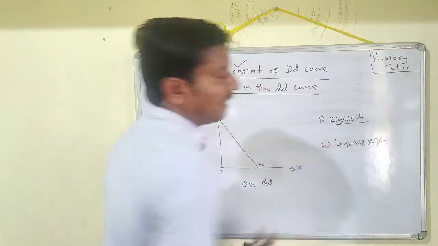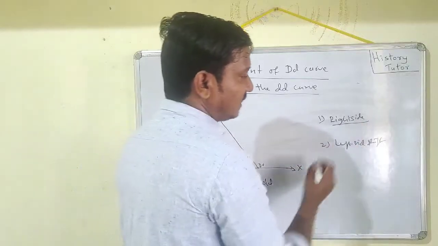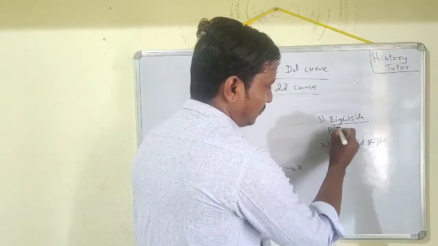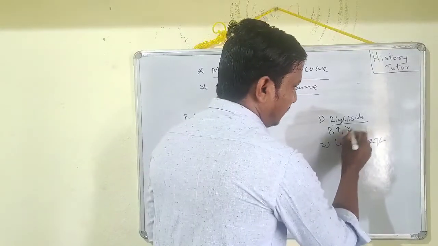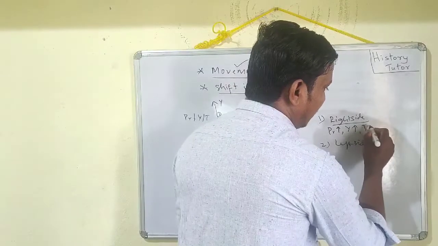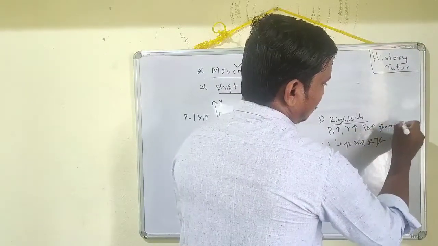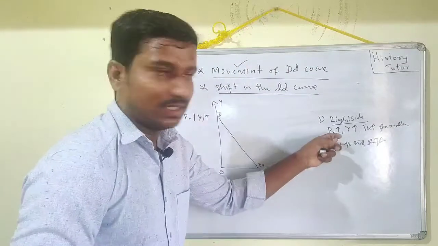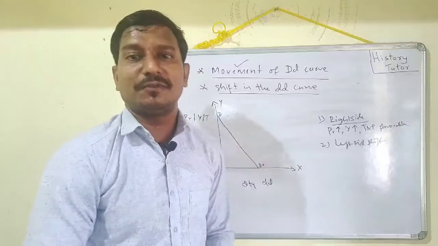As we were saying, when does the demand curve move right side? Only when there is an increase in the price of the related product, an increase in the income, and taste and preference are favorable.